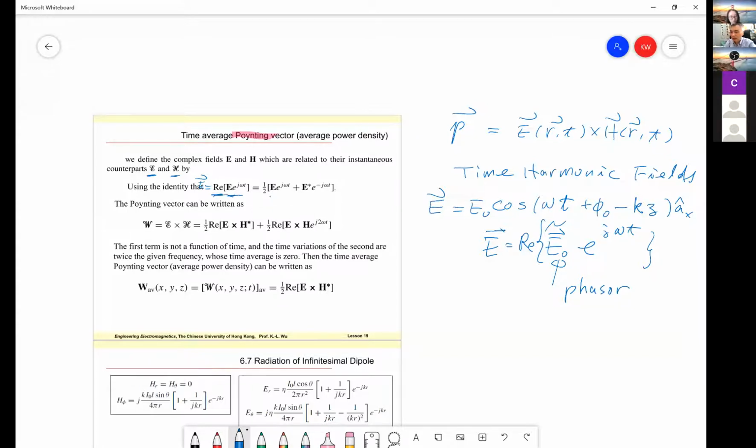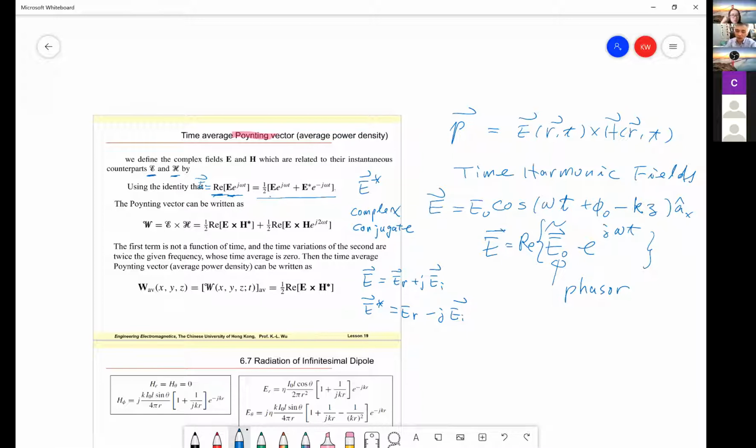If you take the real part, that is equal to this. This means the complex conjugate. What that means is, if E has a real part and an imaginary part, the conjugate is the real part minus the imaginary part. Very easily you can justify that this is equal.